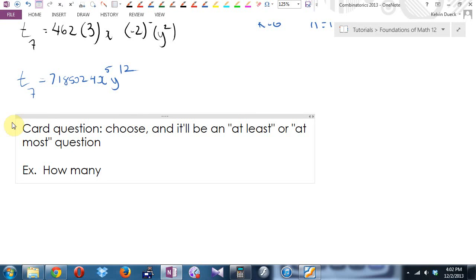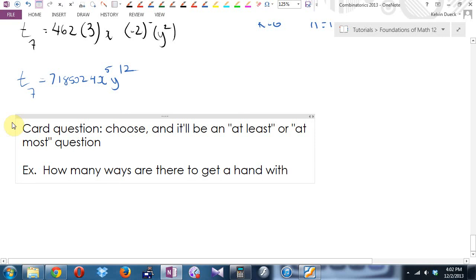How many ways are there to get a 5-card hand with at least 3 black cards?